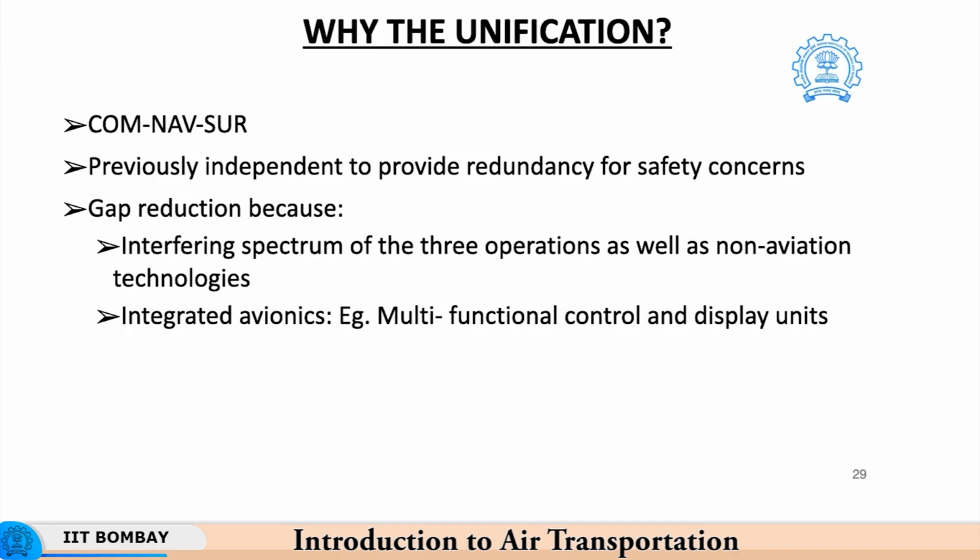These display units make use of sensors and equipments that rely on frequency spectrum that are very close to each other. Hence, there is a need for a more standardized way of frequency allocation so that such interference between the frequencies associated with different avionics can be mitigated as much as possible.